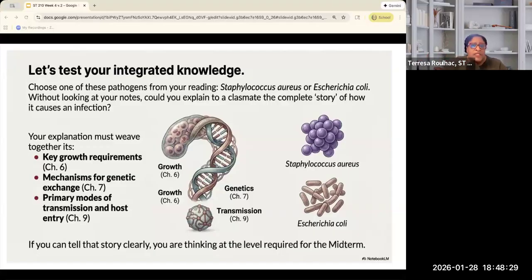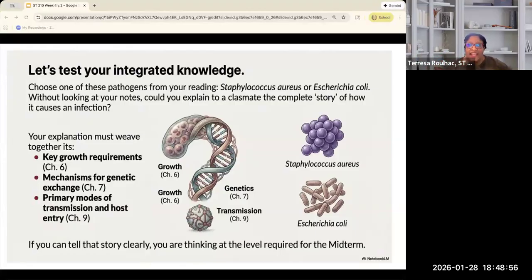Now, drop one word in the chat that represents the first step in your organism story, depending on whether you picked Staphylococcus aureus or E. coli, Escherichia coli. Remember, there are no wrong answers. I love it. Gut.